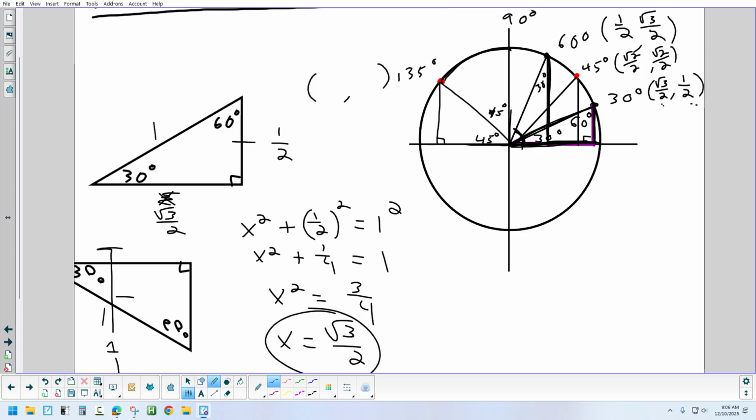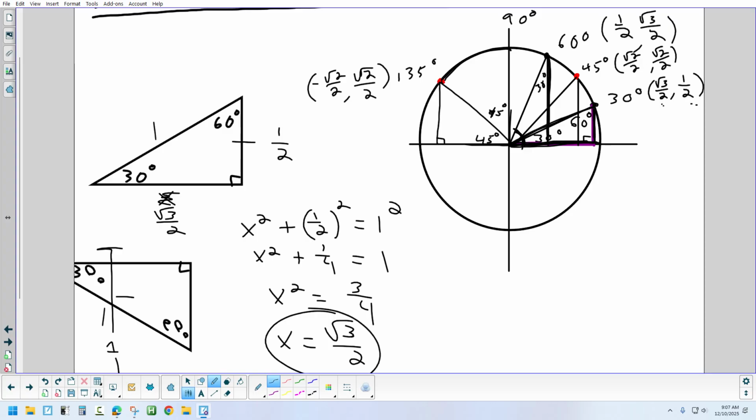So, anyone think they could tell me what the coordinate would be for 135? Yeah, negative root 2 over 2, and then root 2 over 2. That's the coordinate for 135. So there's 12 different points that we can figure out now, 3 in each quadrant, that are multiples of 30 and 45.